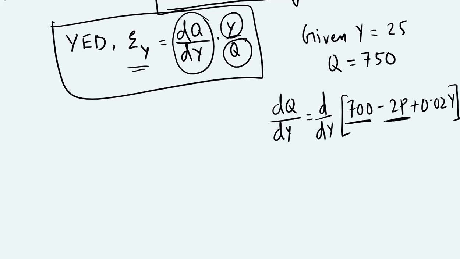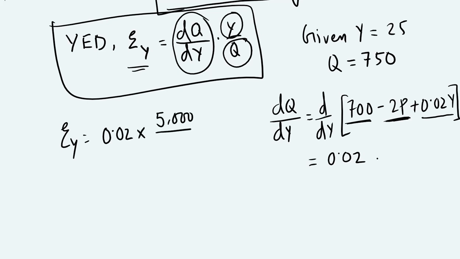So the derivative of these two terms should be 0, and the derivative of 0.02y should be 0.02. So if I insert these values here, 0.02 times y is 5000 and q is 750, we have 100 over 750, so it's positive. That's all that matters.